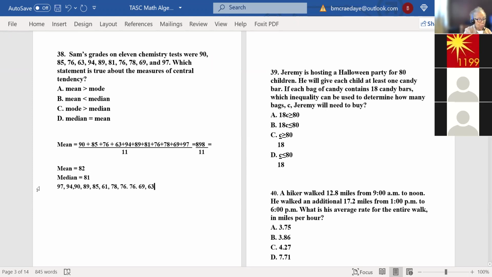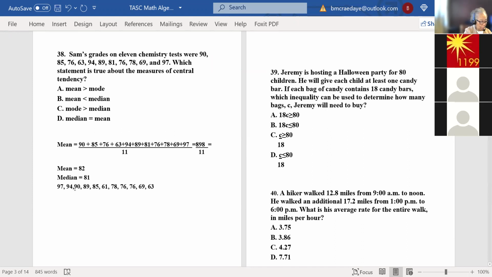Okay, now you have 3, 6, 9, 11. Let me put a comma here to separate these. All right, which one is in the middle, Maureen? 81.